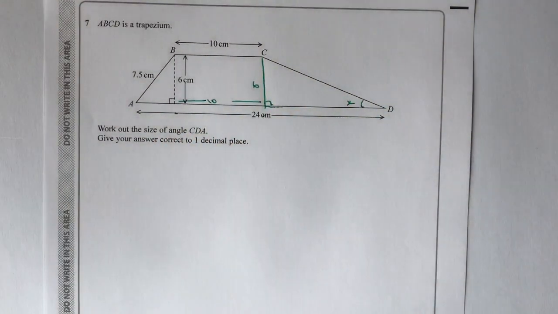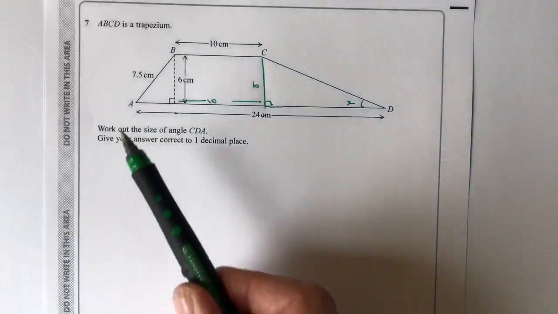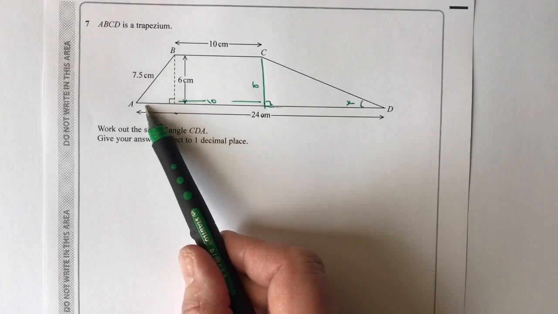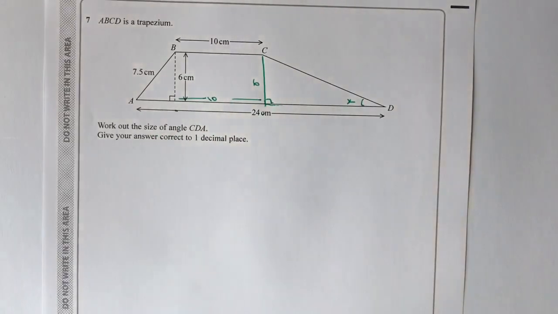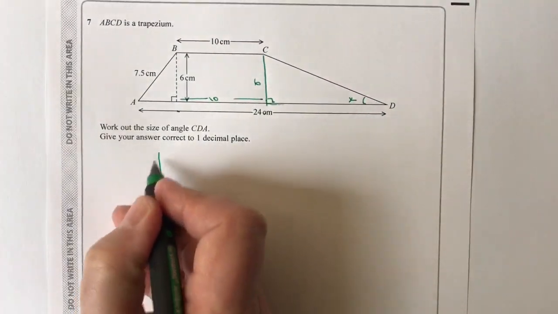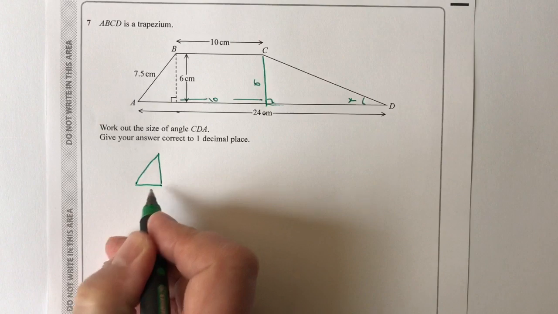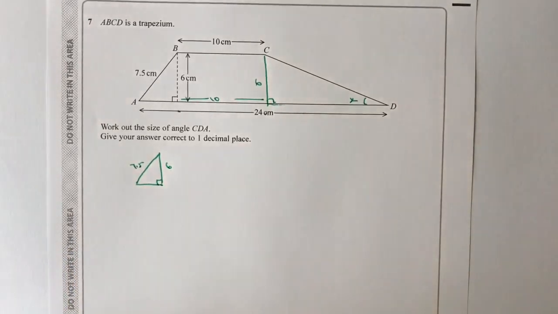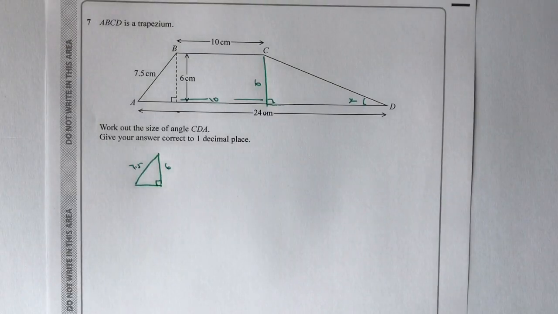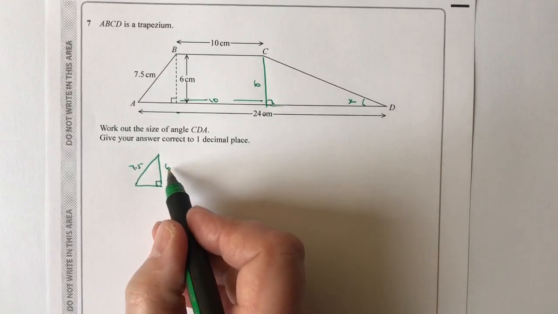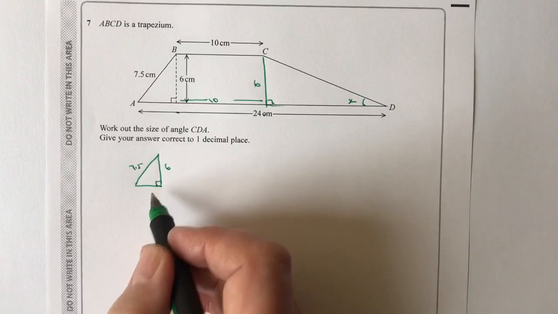The first thing is I'm going to figure out this length along here. In order to do that, I'm going to use Pythagoras. What I have is another right angle triangle with a hypotenuse of 7.5 and a vertical height of 6. Pythagoras says that if I square the hypotenuse, it's equal to the sum of the squares of the other two sides.